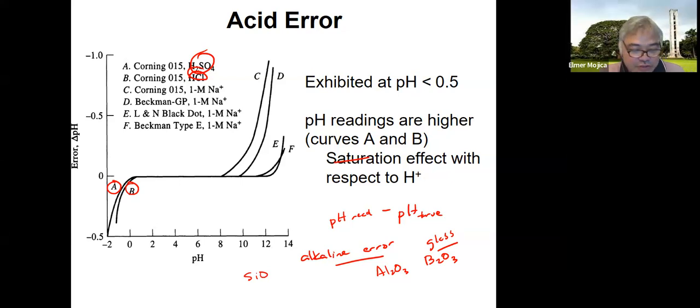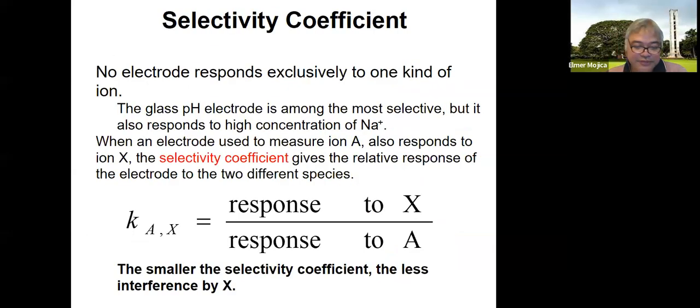So those are the errors that you can find in the pH meter. Okay, and another thing that they included is the effect of the alkali metal ion on the potential across a membrane. You have this so-called selectivity coefficient.